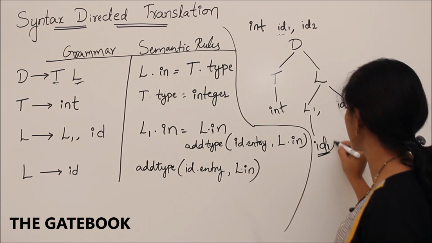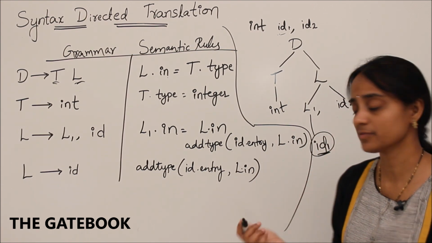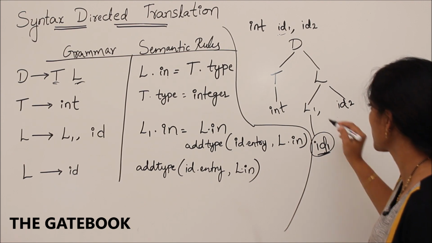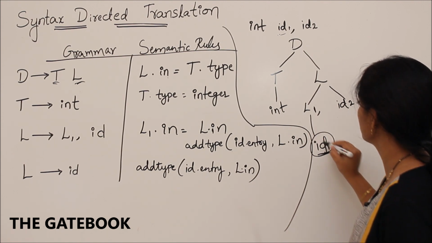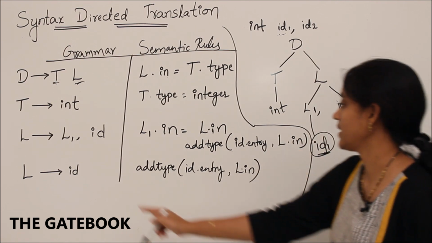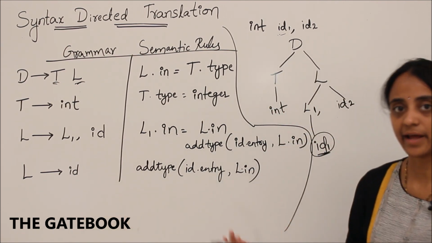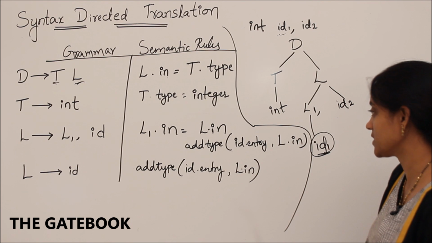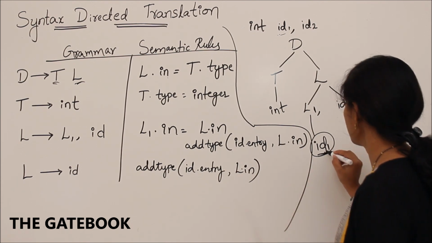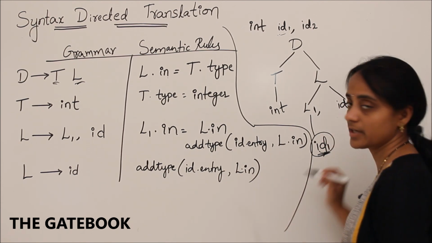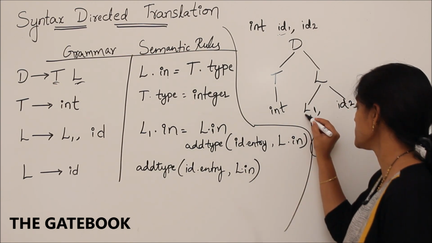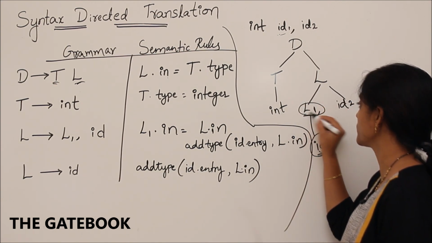So first we will get the actual name of this identifier, and now whenever we have this production L.ID, we add an entry in the symbol table for this identifier saying that this is an identifier, but the type of identifier is, we need to know the attribute of L1.